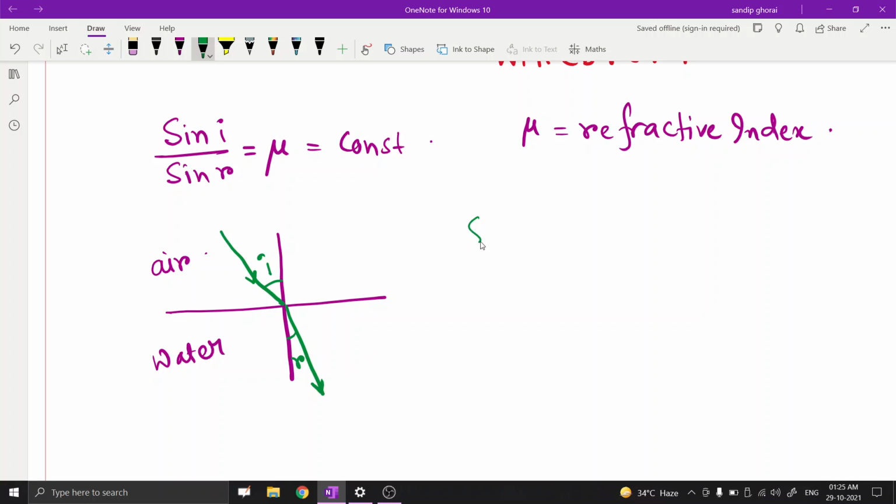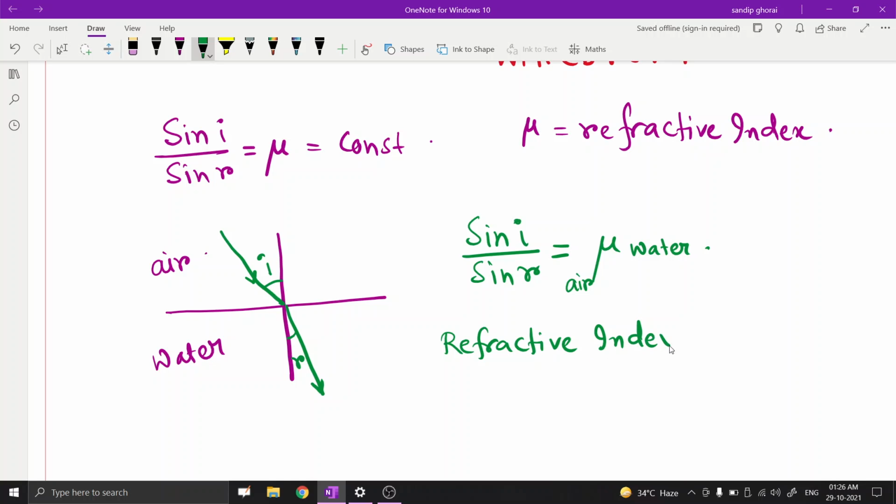In this case sine i divided by sine r is equal to mu. And what is mu? Mu is the refractive index of the water medium with respect to the air medium.